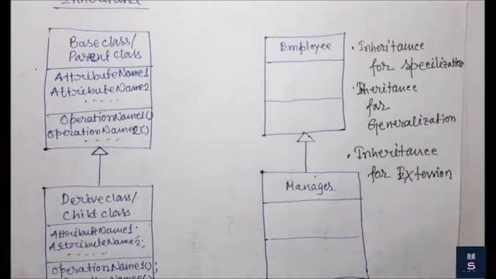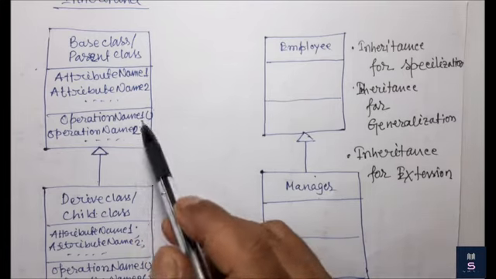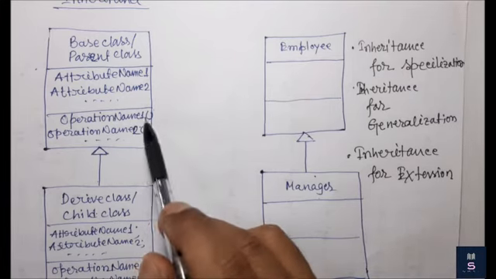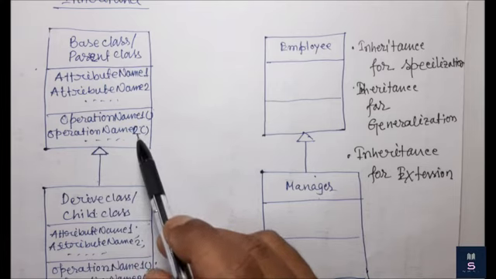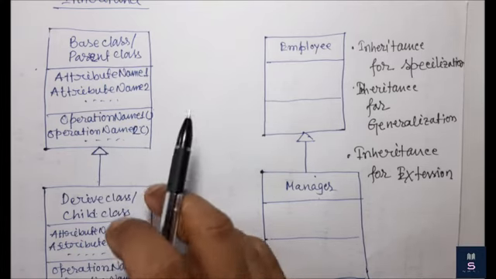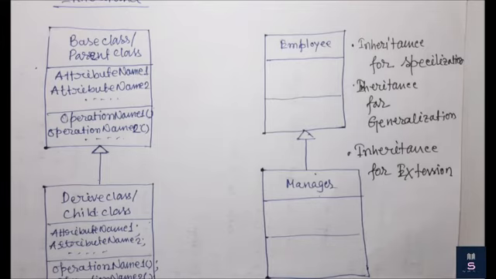Please remember that suppose we have two functions here, operation name 1 and operation name 2. If in my derived class I add a new operation, it can be distinguished from generalization, which must override at least one of the methods from the base class.